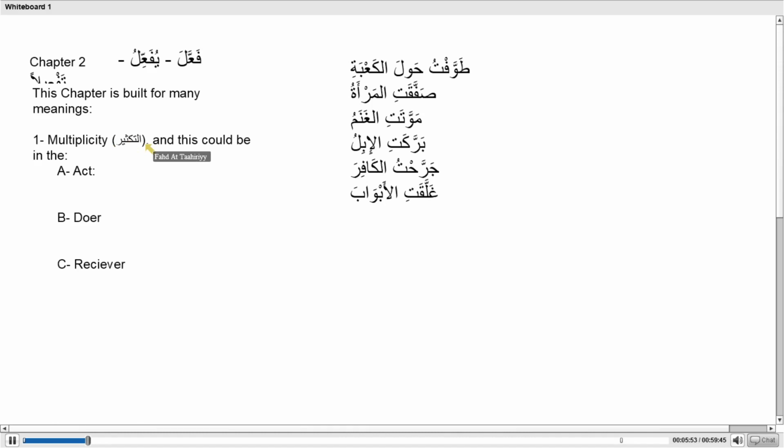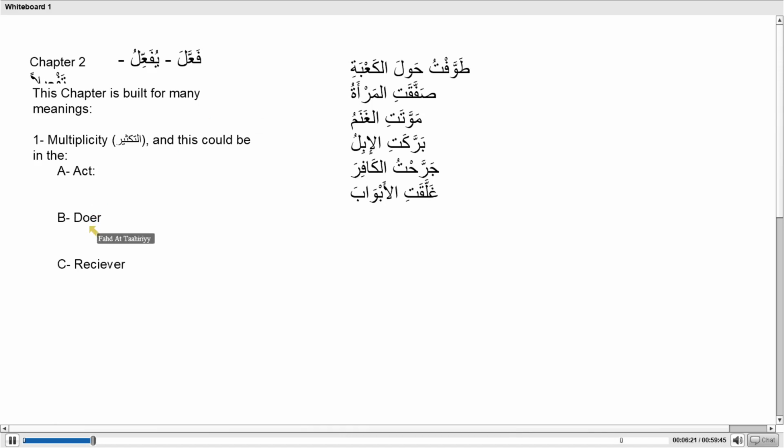You need to show increase, to show multiplicity. And this multiplicity could be in the act itself. Yani you could be building fa'ala to show the increase in the act, in the number of times the act was done.